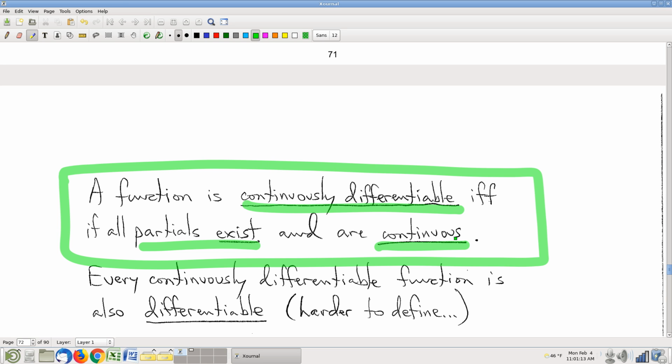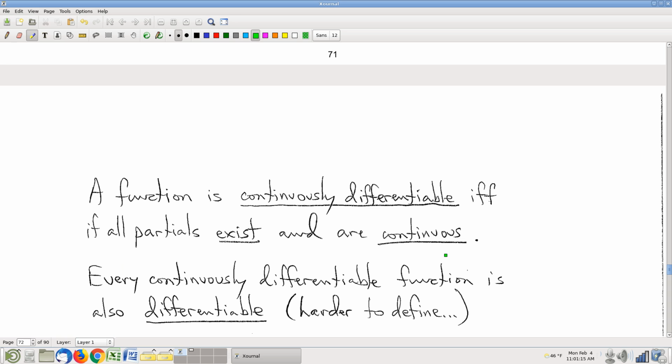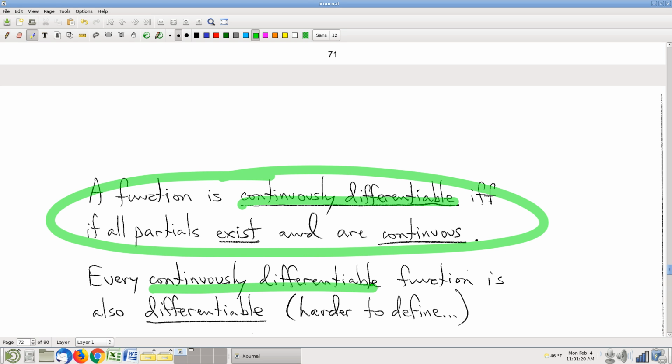Here's some even better news, arguably. Every function that's continuously differentiable definitely is differentiable. That's fantastic. Right? So most of the time, the way to check if a function is differentiable is to check and see if it's continuously differentiable, because it probably is.